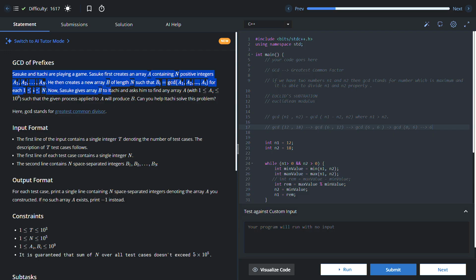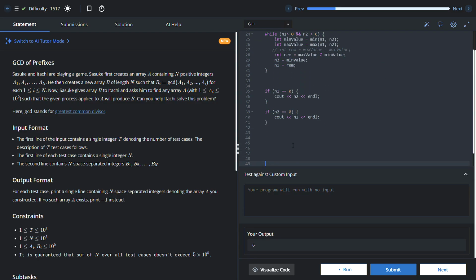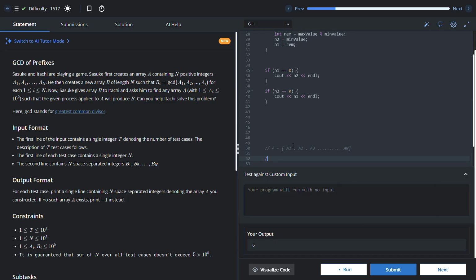Now Suzuki gives array B to Itachi and asks him to find array A. As per this question, we have one array which contains elements a1 comma a2 comma a3 up to an. We also have one more array, b, which contains b1 comma b2 comma b3 up to bn.